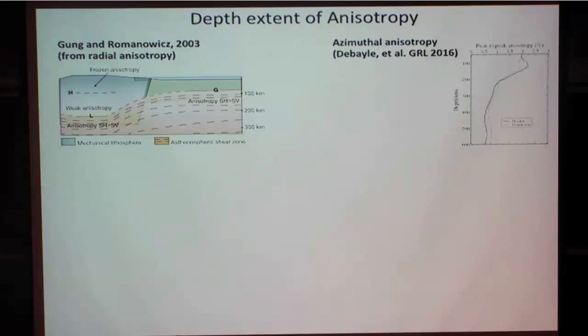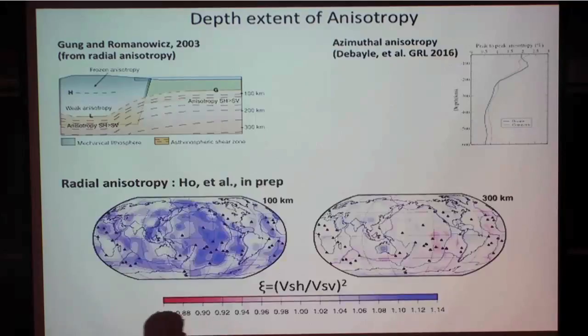But when we look at the strength of the azimuthal anisotropy, we see that there is no clear difference in the depth extent of the azimuthal anisotropy beneath continental regions and oceanic regions. So we were a bit worried by that, and we are currently working on this radial anisotropy model.